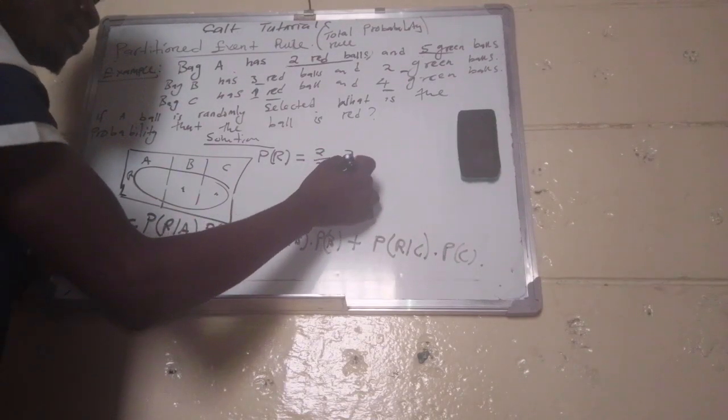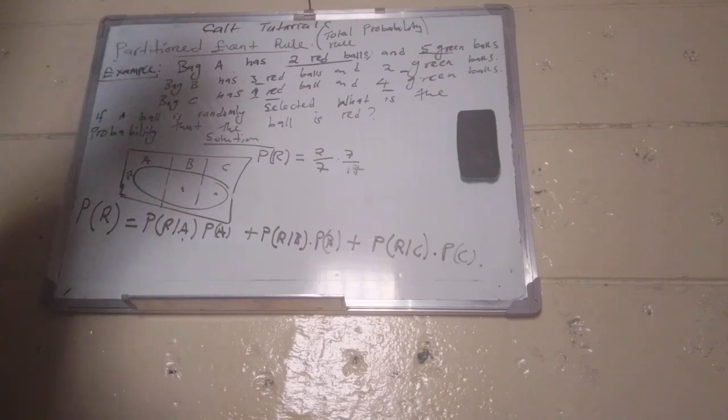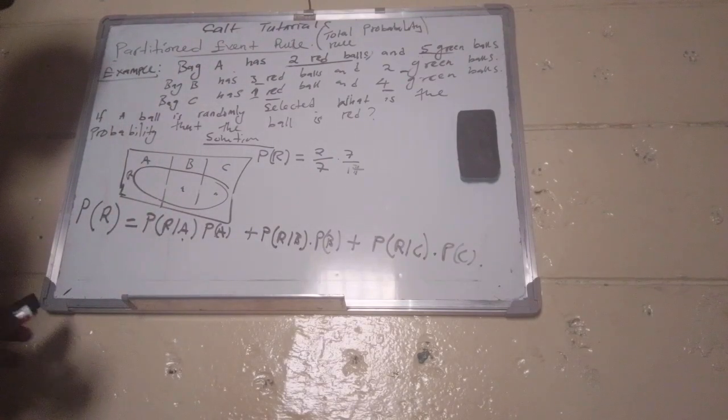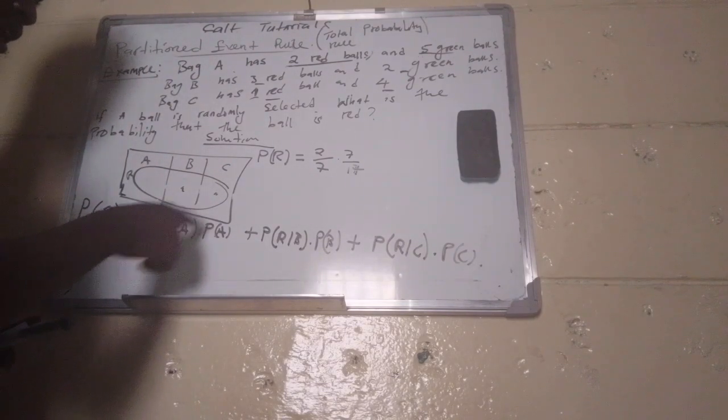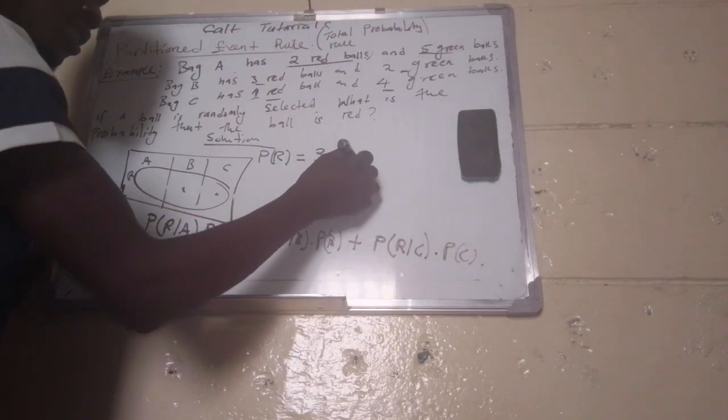I'm going to have 17 there. So the probability of R given A is 2 over 7, and the probability of A is 7 over 17.